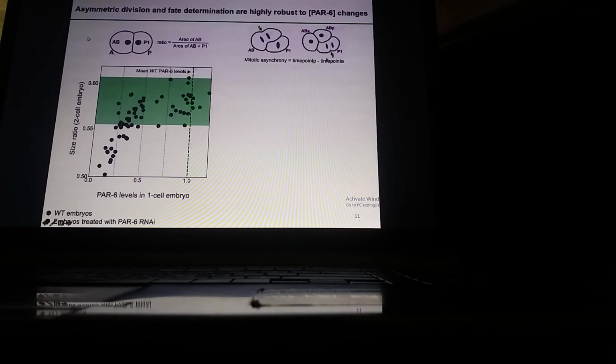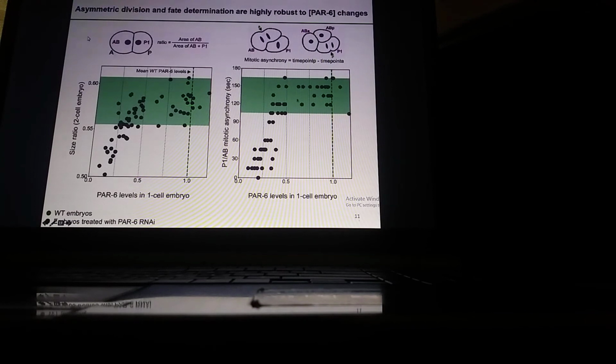And as I mentioned, the P1 blastomere will always divide a few, about 2.5 minutes after the AB cell divides. And so if I perform a similar analysis to the one I'm showing here on the left, I once again obtain this dose response curve where I relate PAR6 dosage to this mitotic asynchrony.